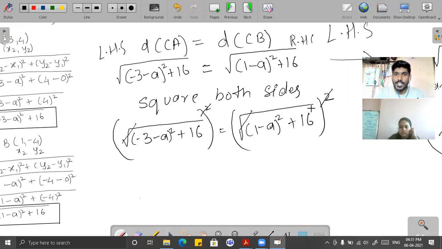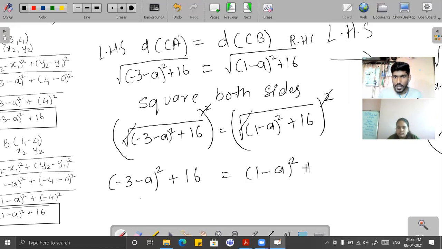Now whatever is left inside the root, write only those terms in the next step. So you have minus 3 minus a, the whole square, plus 16 is equal to 1 minus a, the whole square, plus 16. Is this clear? Now what can be cancelled?